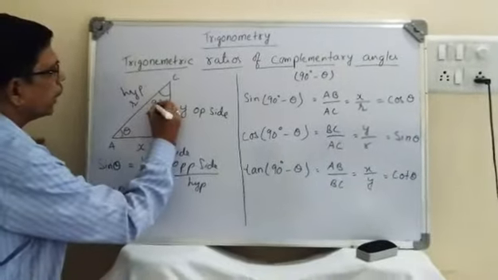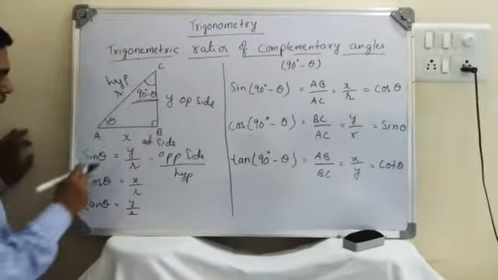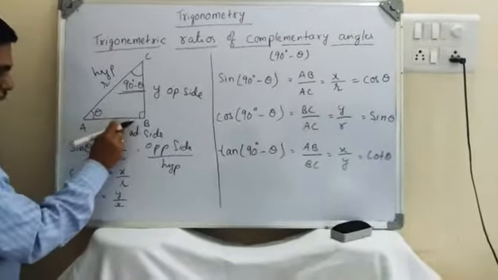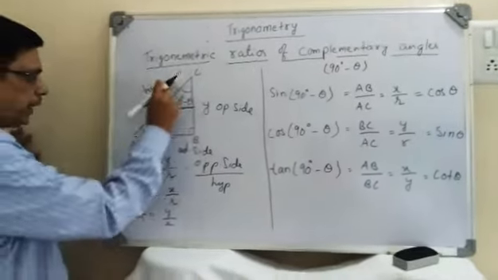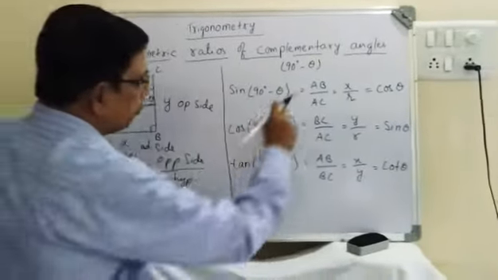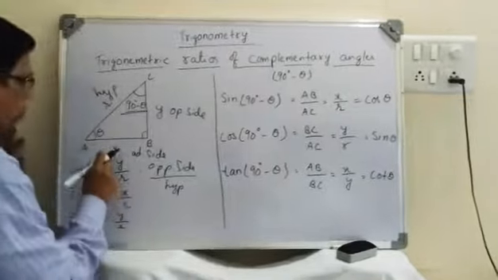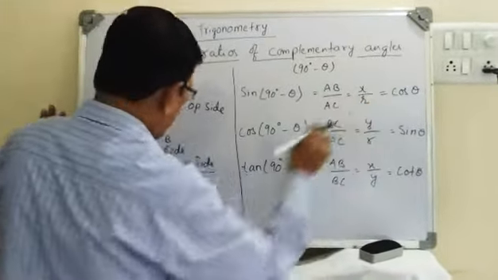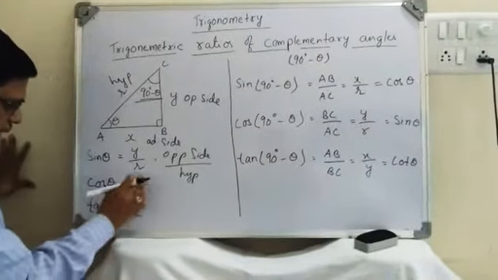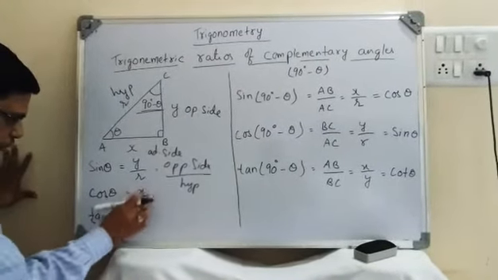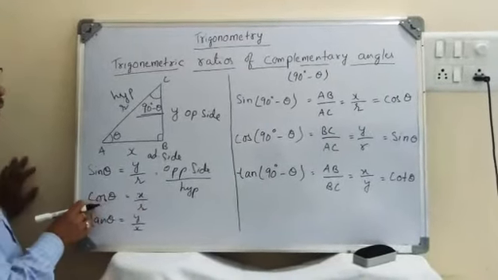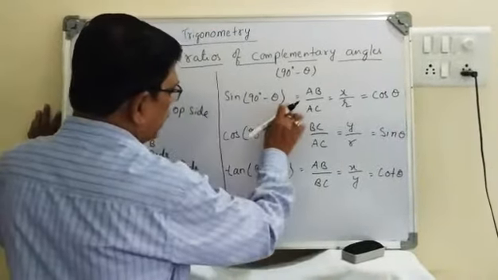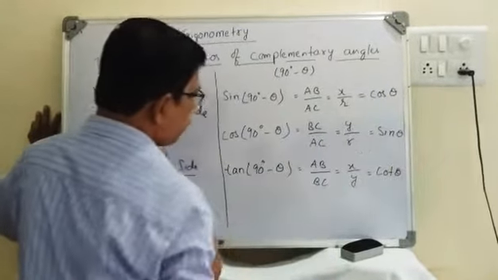With regard to 90 minus theta, AB is the opposite side and AC is the hypotenuse. So we write AB by AC. AB is equal to x and AC is equal to r, that is x by r. Now this x by r is equal to cos theta. So I am writing here sin 90 minus theta is equal to cos theta.